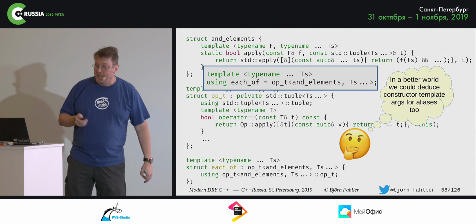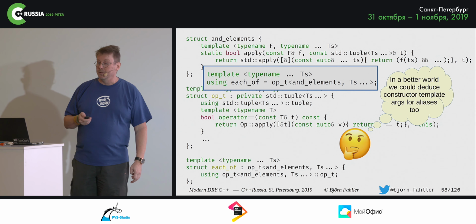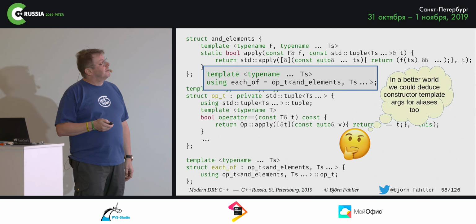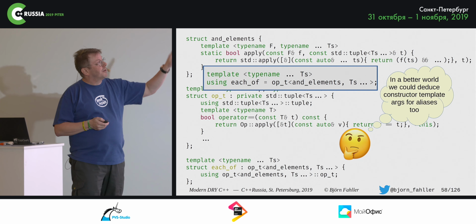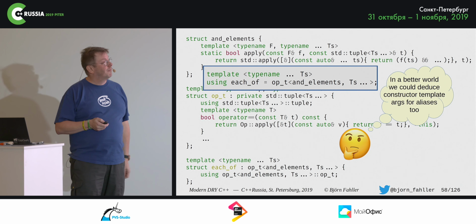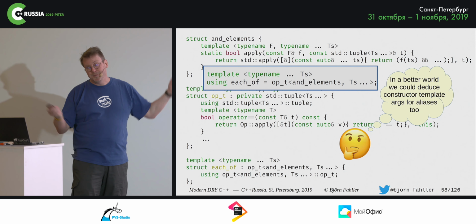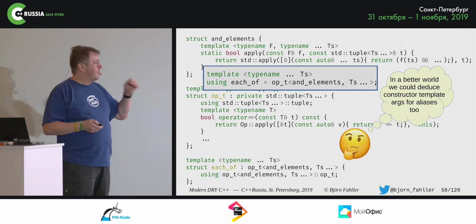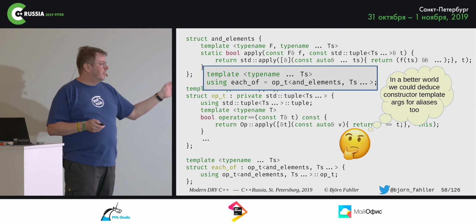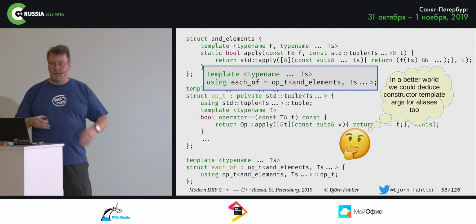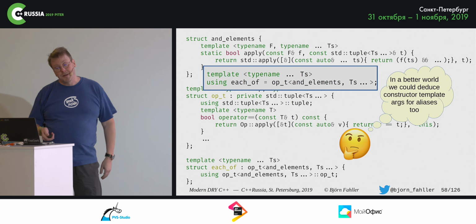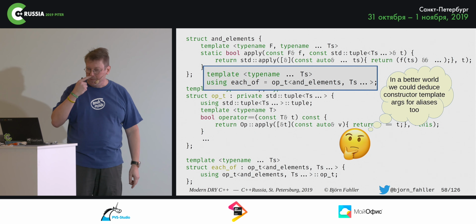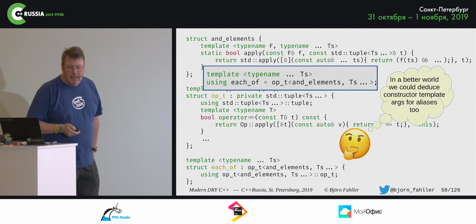In a better world, I would be able to use constructor template argument deduction for type aliases, and I would just write like that. But unfortunately, we are not in that world. So otherwise, this template at the bottom, the each of template would not be necessary. We just use an alias, but it doesn't work that way. It's not my fault. Actually, it is my fault because I haven't proposed anything for the committee.